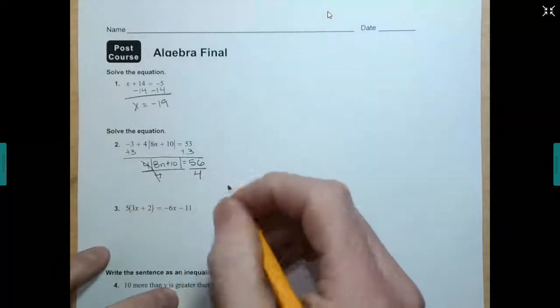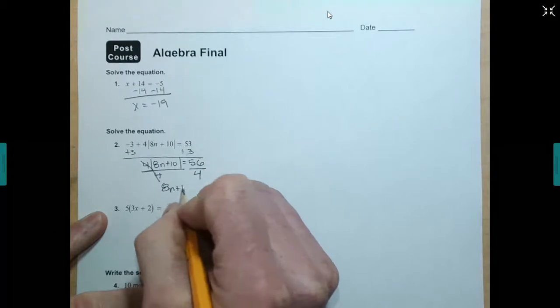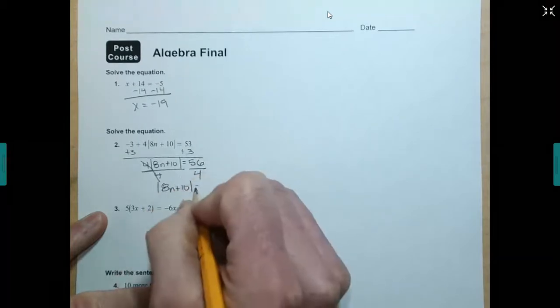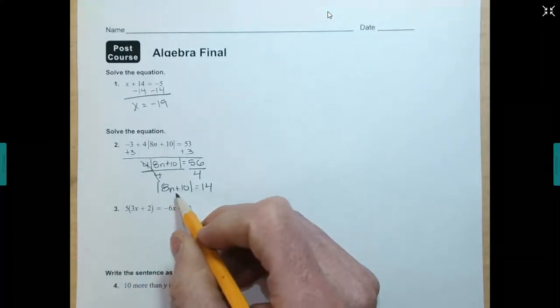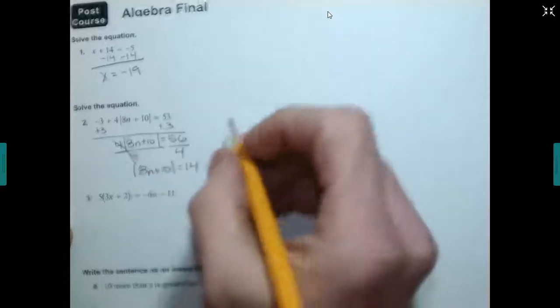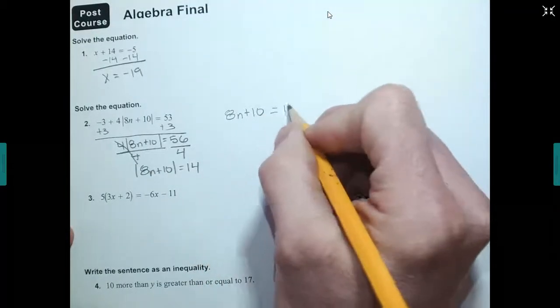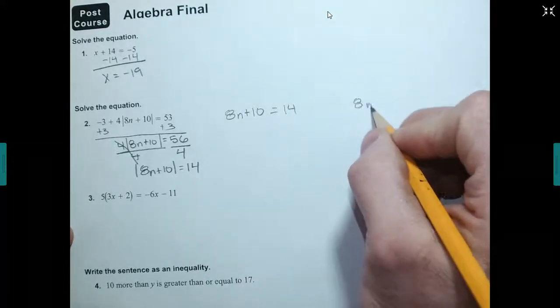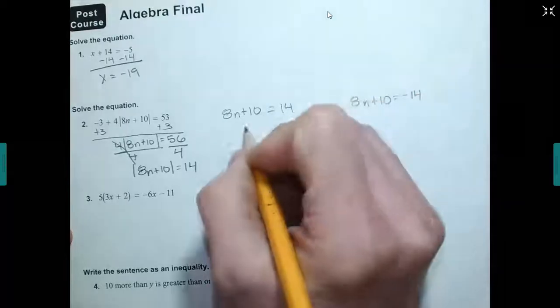We have 14. So we have 8n plus 10 equals 14. So we have to separate that into 2. So we have 8n plus 10 equals 14, and we also have 8n plus 10 equals negative 14.